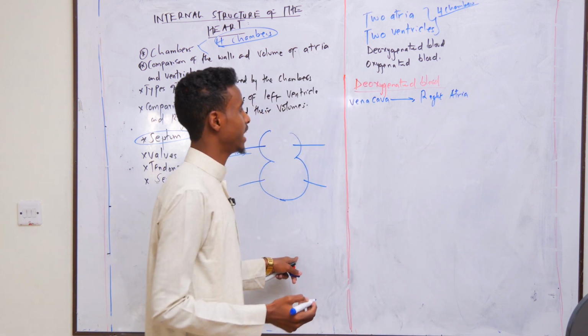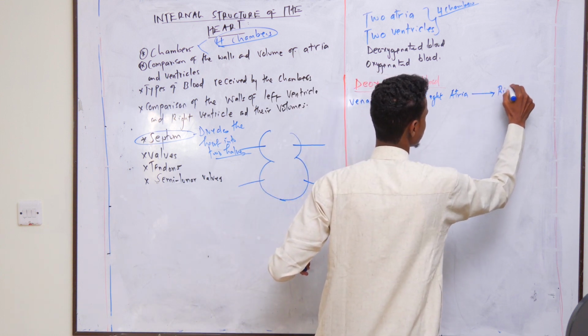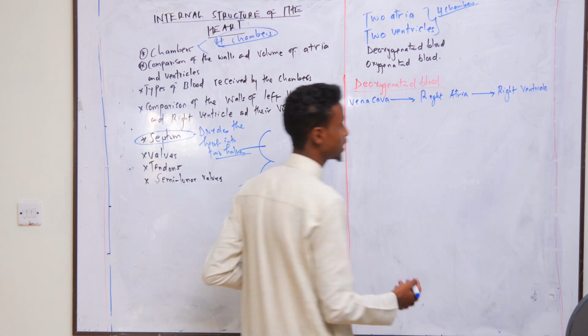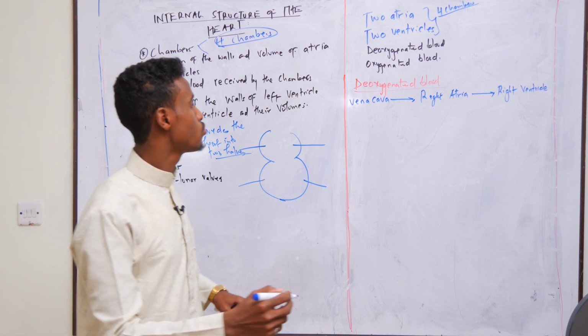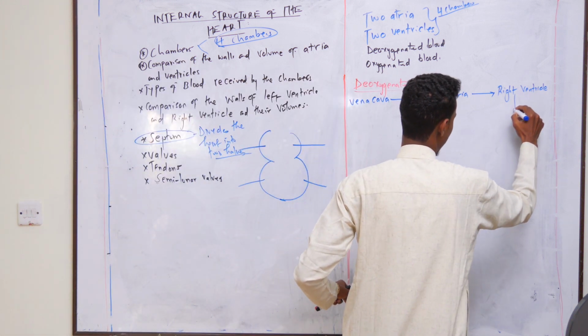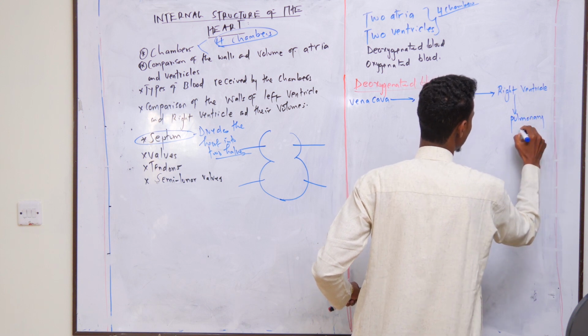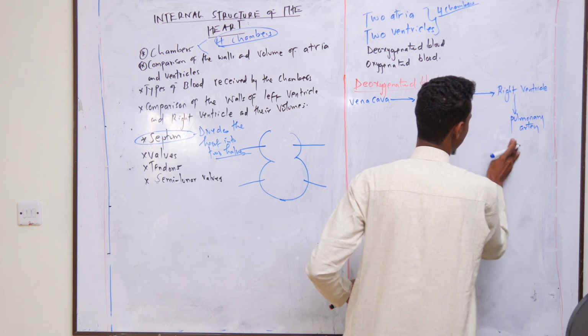From the right atria, it goes to the right ventricle. Now from the right ventricle, blood is pumped out of the heart through the pulmonary artery to the lungs.